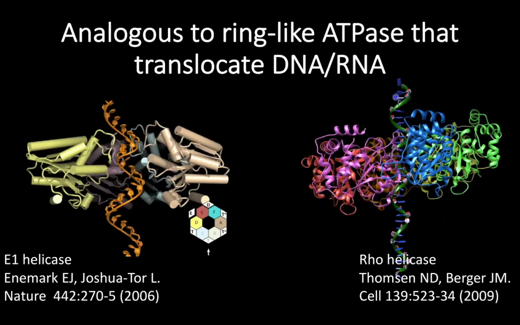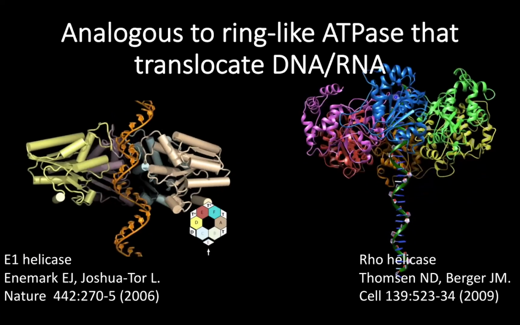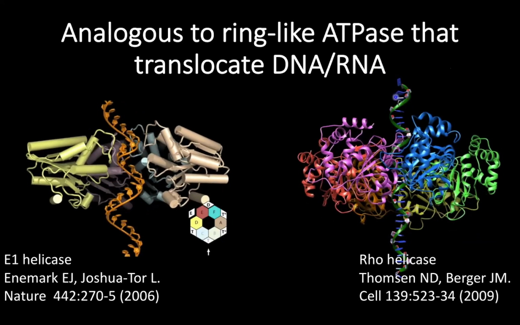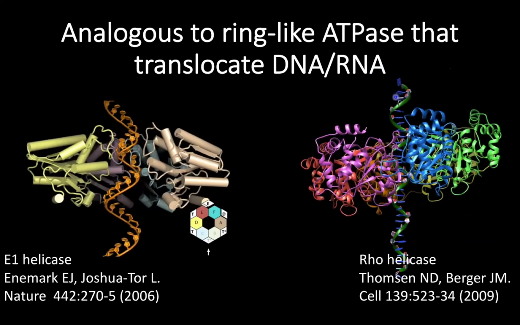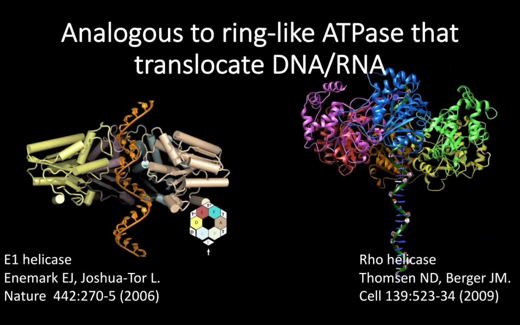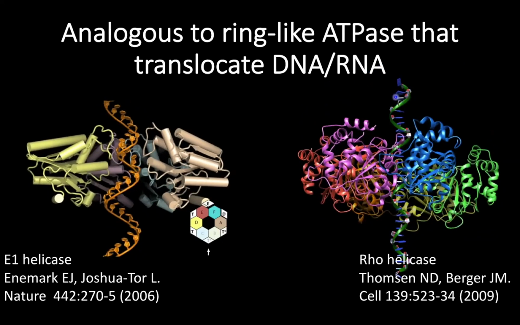Very shortly after that, James Berger's group published crystal structures of Rho helicase in complex with RNA. This is an RNA translocase, again a different sort of AAA ATPase, but the mechanism proposed is conceptually very much like the one that we're proposing for the protein unfoldases.